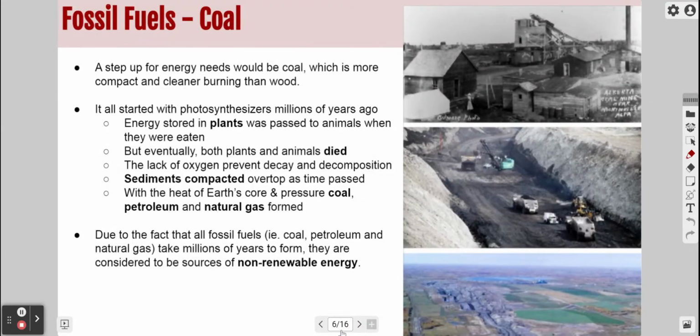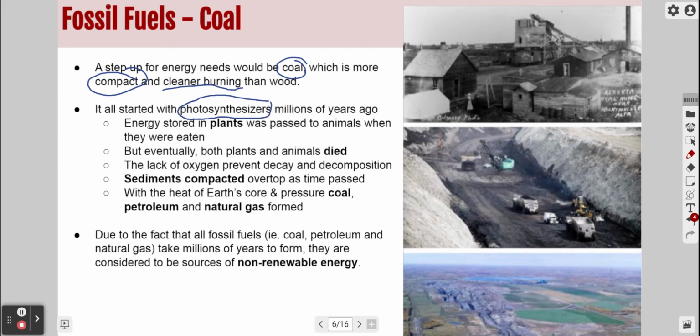Then we're going to take it to the next step. After wood, we basically could turn that wood into coal. Coal is just a much more compact and cleaner burning fuel than wood is. Coal also started through photosynthesis millions of years ago.